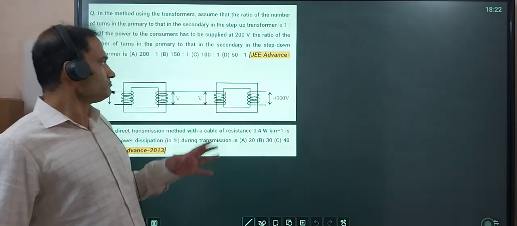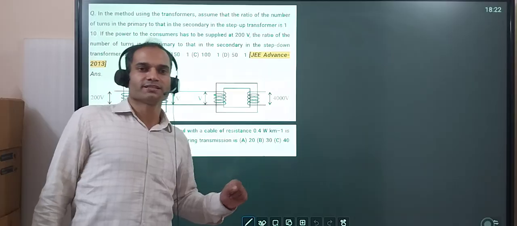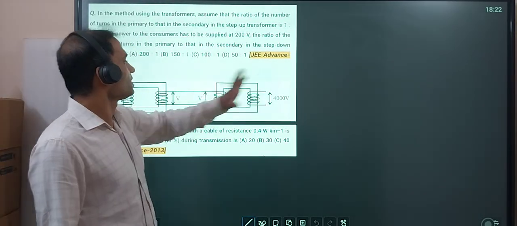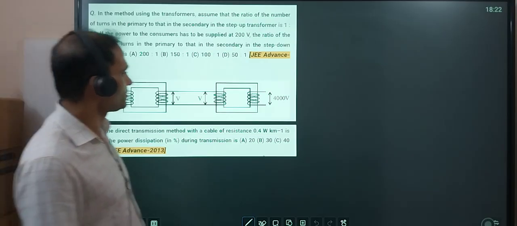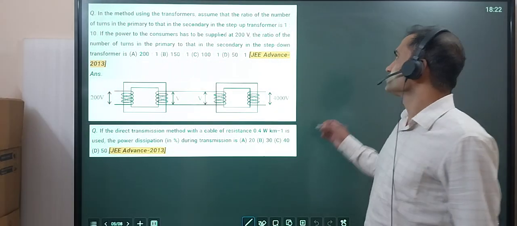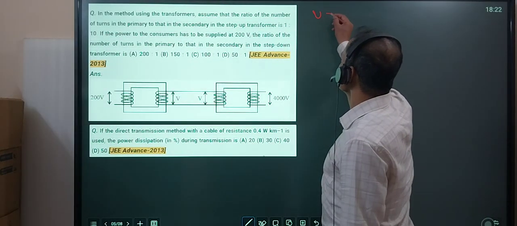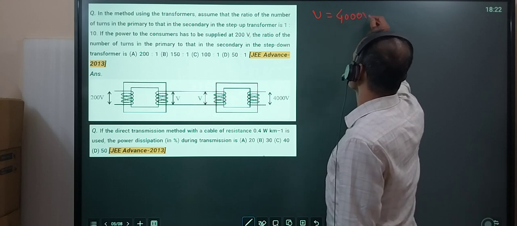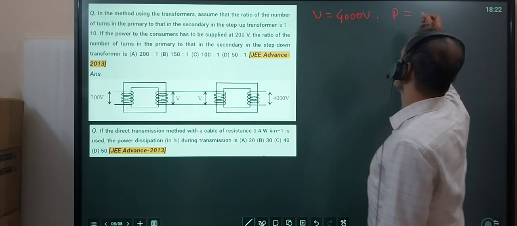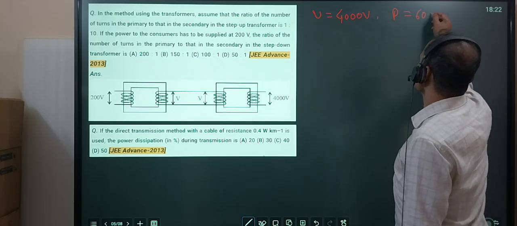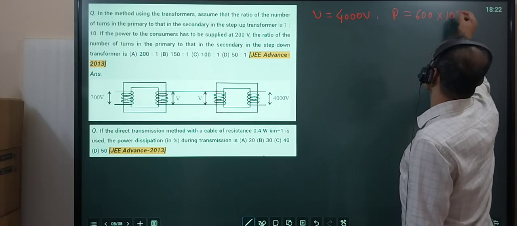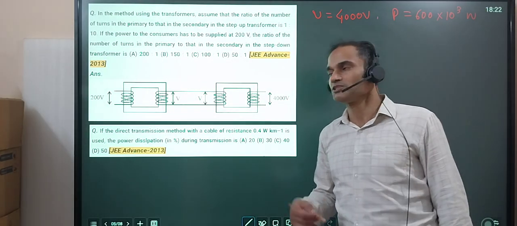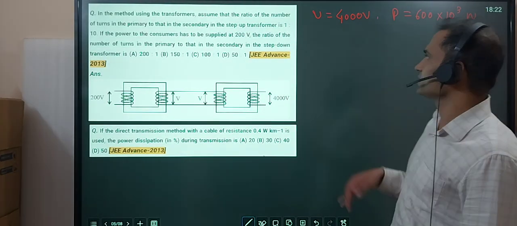We have a power generating station which is generating power at 400 volt. So V for this generating station is 400 volt, and the power generated is 600 kilowatt.